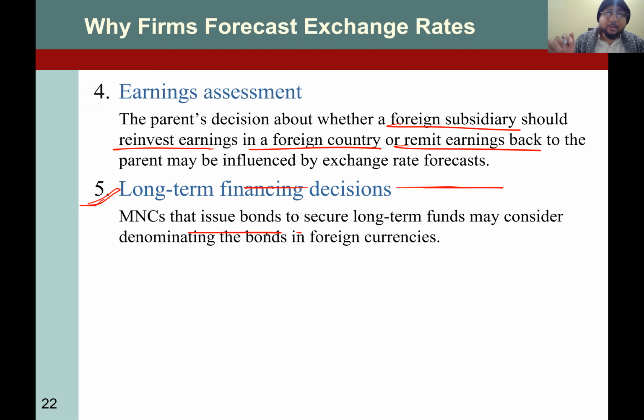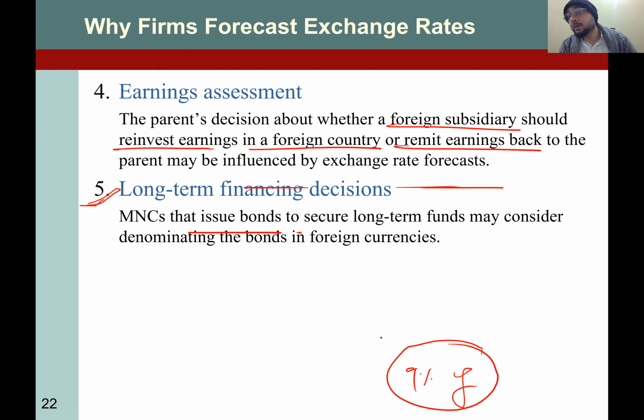If they are paying back the interest, whether they are paying more or less interest matters, because people will receive the interest. If it is 9% interest in pounds, people will be receiving 9% interest in pounds, but you are paying in dollars. So you need to see the exchange rate, whether we are paying more dollars or less dollars.